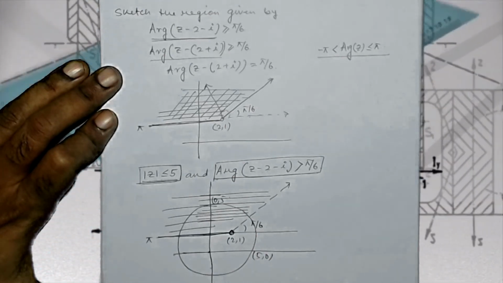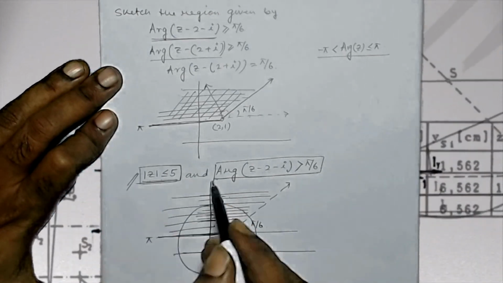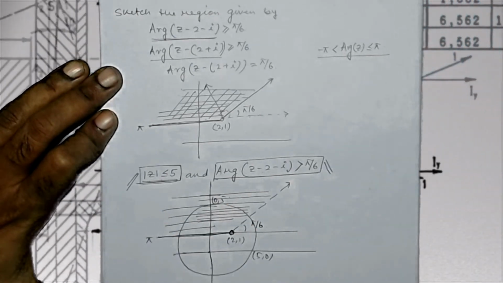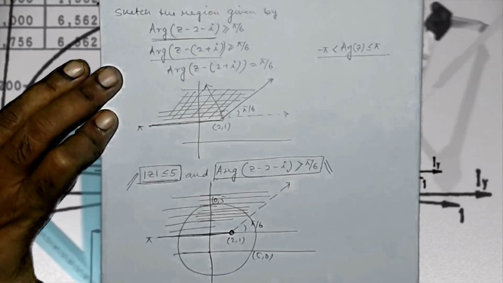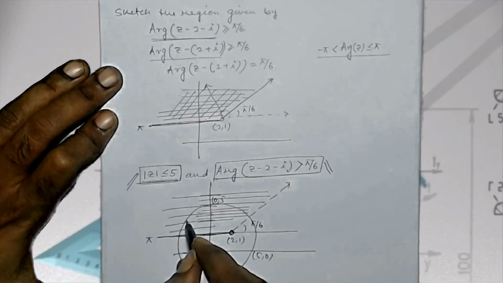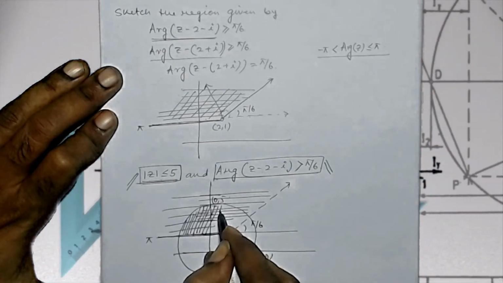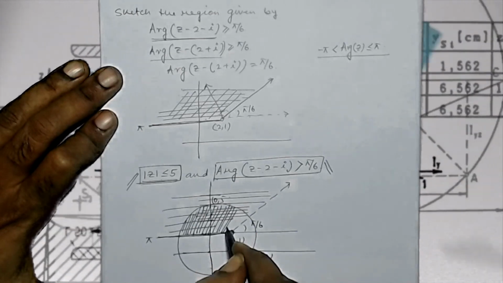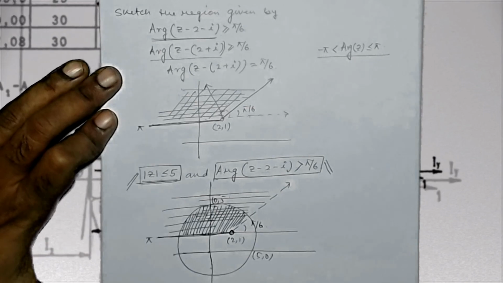Therefore, we have to find out a common region which will satisfy this inequation as well as this inequation, right? And from the given diagram we can easily say that this shaded region is that required region where z is lying, which satisfies both these conditions.